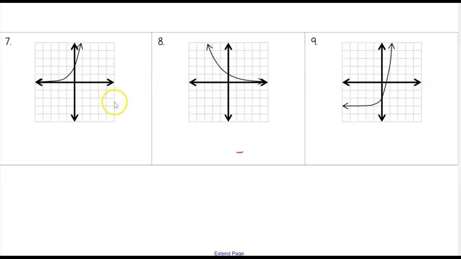If it goes down from left to right, it's decay. This one is going up from left to right, so it's growth. Number 8 is going down from left to right, so it's decay. And number 9 is going up from left to right, so it's growth. Growth, decay, and growth.